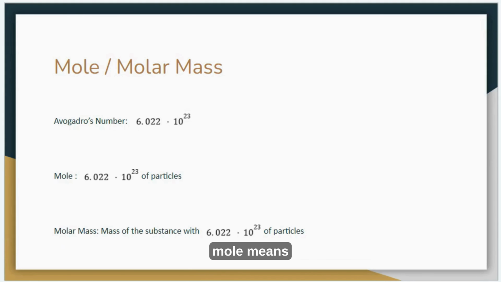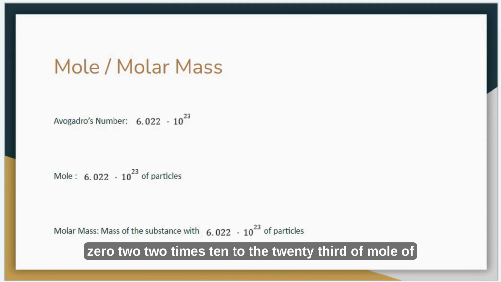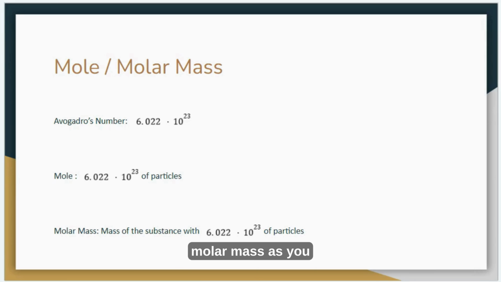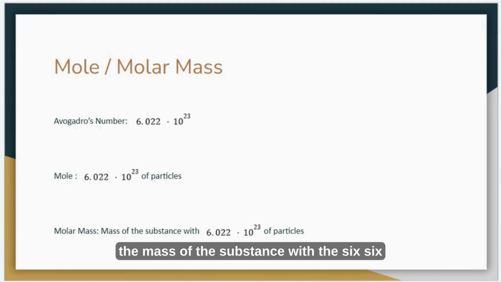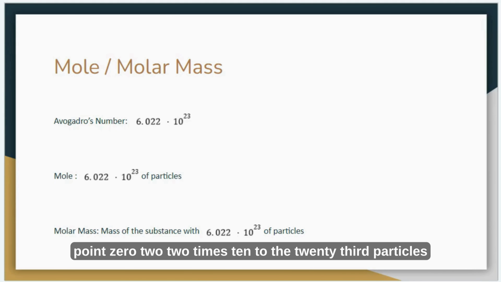And mole means basically 6.022 times 10 to the 23rd particles of that amount. And molar mass, as you can guess already, is the mass of the substance with 6.022 times 10 to the 23rd particles.